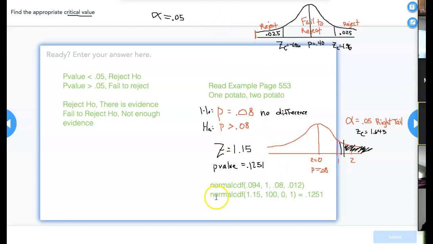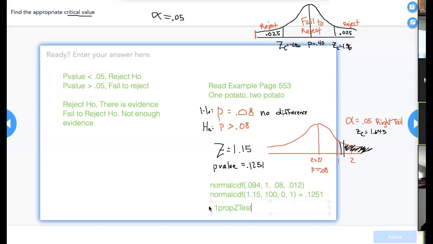Calculator. The calculator function is called a one prop Z test. And we're going to enter our information. So let's check it on the calculator. And we always use the calculator to double check if we did it right. P sub 0 is 0.08.